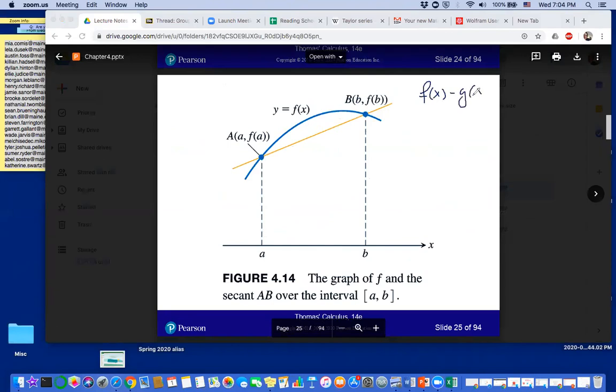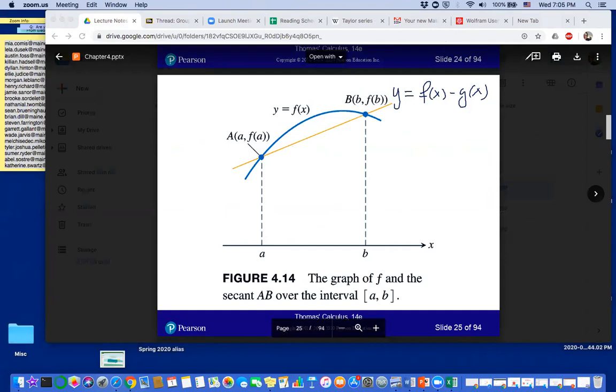If I make a new function, so y equals f of x minus g of x, can you guess what the graph of this will look like? Well, g of x has this graph. It's not going to be quite a line, no.